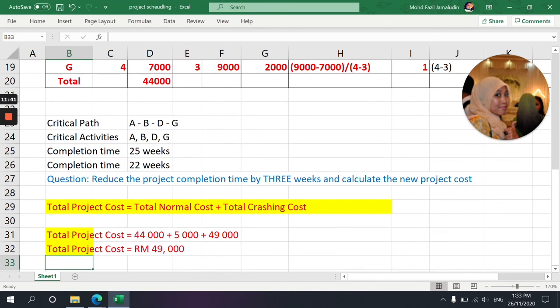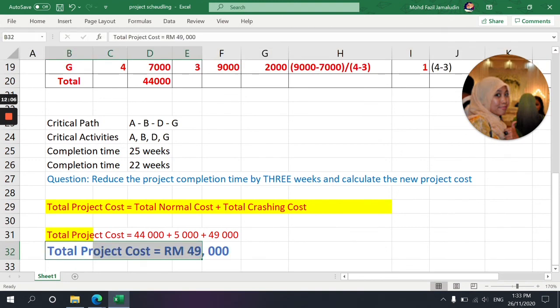Alright, so this is the total project cost for this project. Right, that's all.